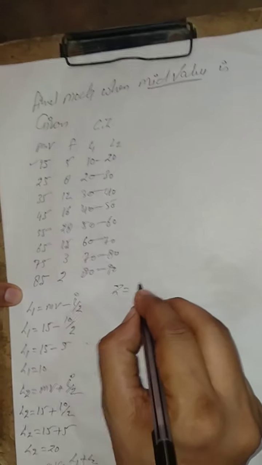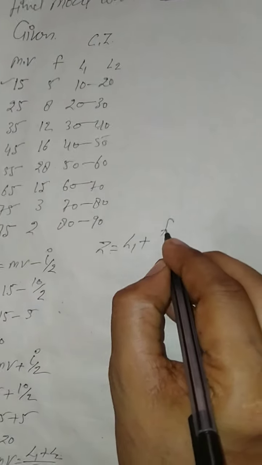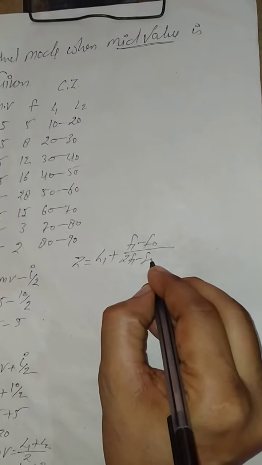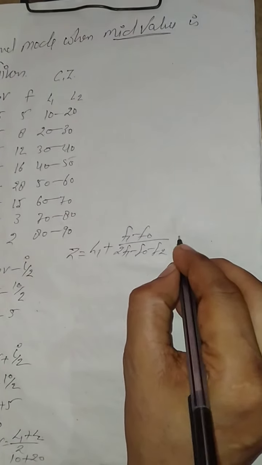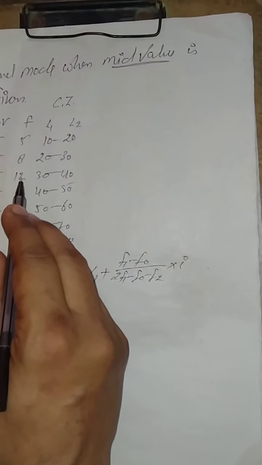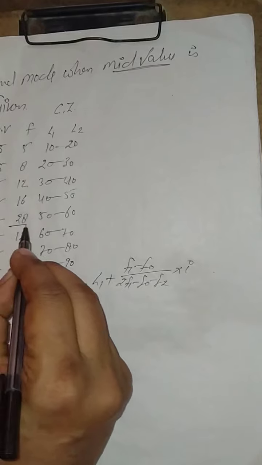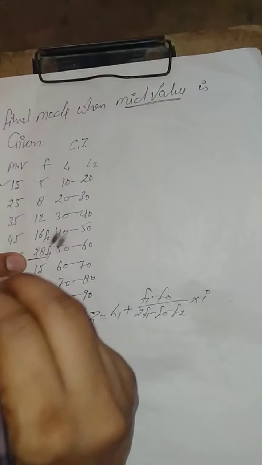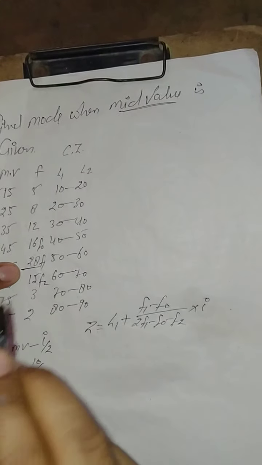Z is equal to L1 plus (F1 minus F0) divided by (2F1 minus F0 minus F2), into I. See guys, in this question the maximum frequency is 28. So that's your F1, the above portion shows F0 and the below portion shows F2.